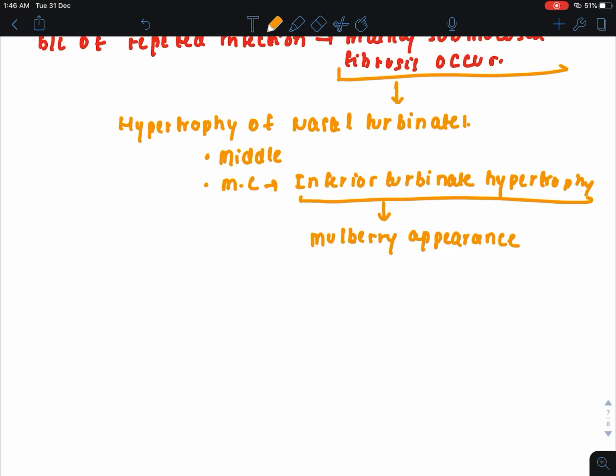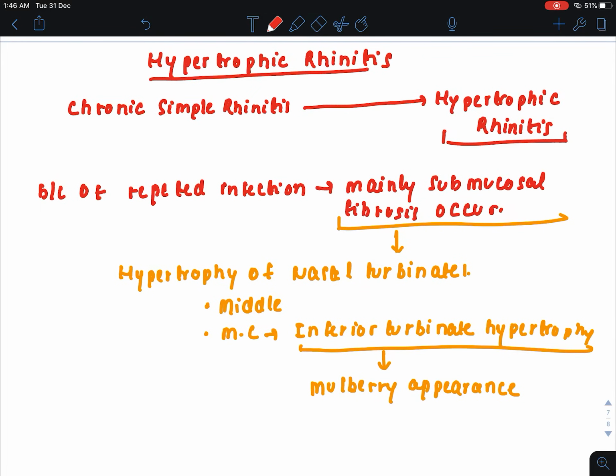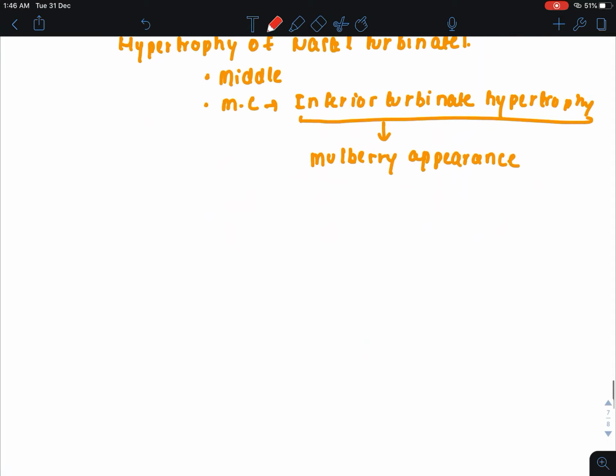So now, what is the treatment of hypertrophic rhinitis?